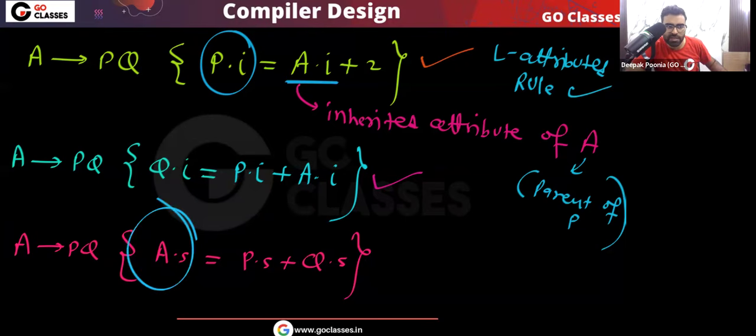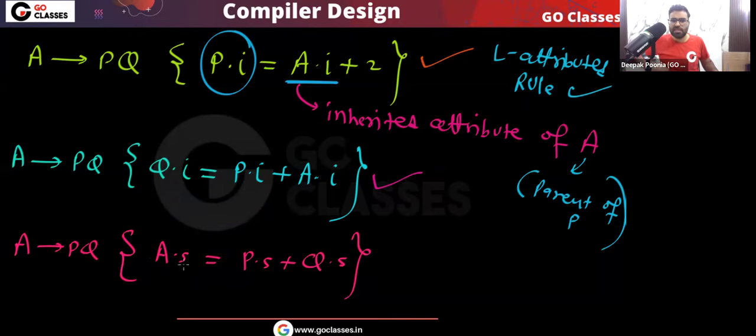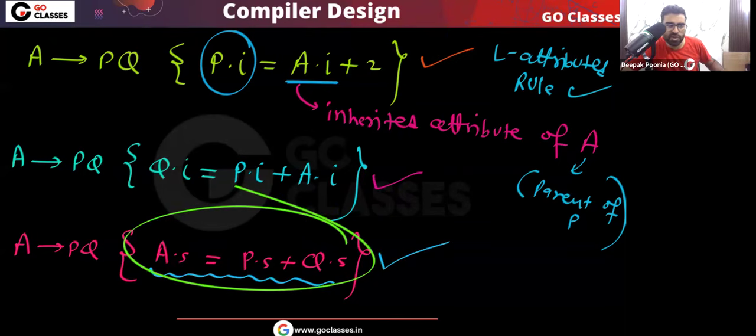So we are defining an attribute of the LHS, so this is a synthesized attribute. So s is a synthesized attribute of A, and you can find this either from the semantic rule or from the question. Synthesized attributes are allowed in the L attributed definition, so this is also perfectly fine. This is also an L attributed rule.